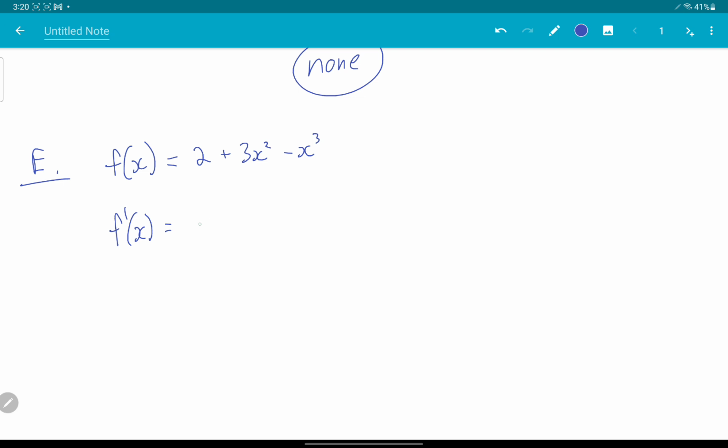So the first derivative is 6x minus 3x squared. Factor that. 3x comes out, 2 minus x. So I set this equal to 0 to find critical numbers.